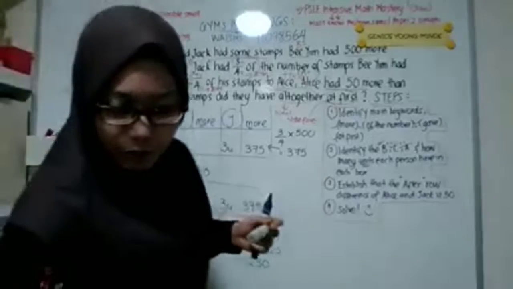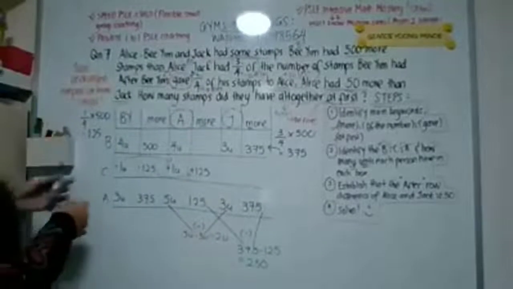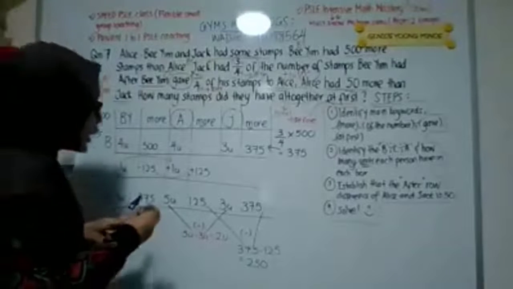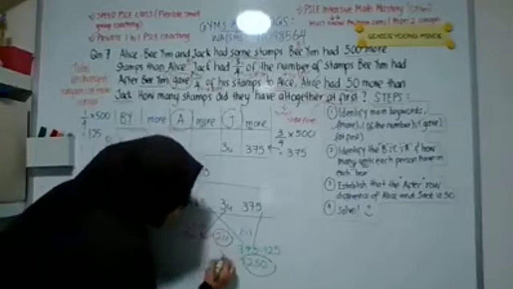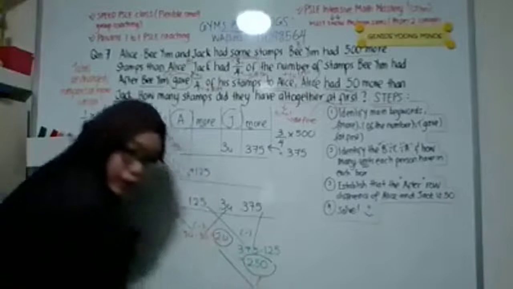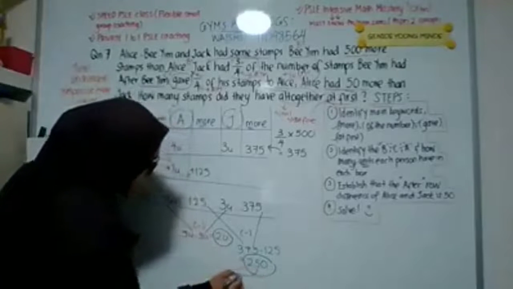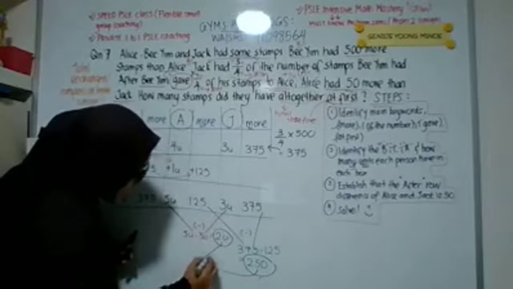Okay, 250. Correct. Okay, so now, what are we going to do? I know that the difference between these two is actually, can you see? The arrow, okay, so we go up here. The difference between these two is actually 50.